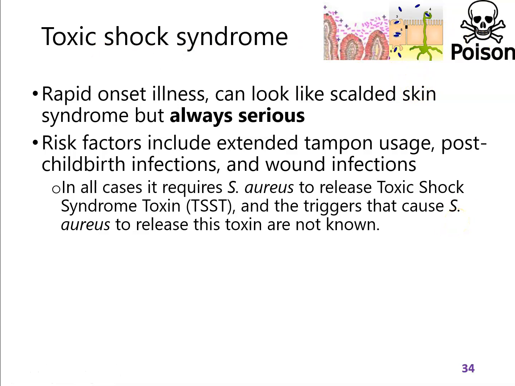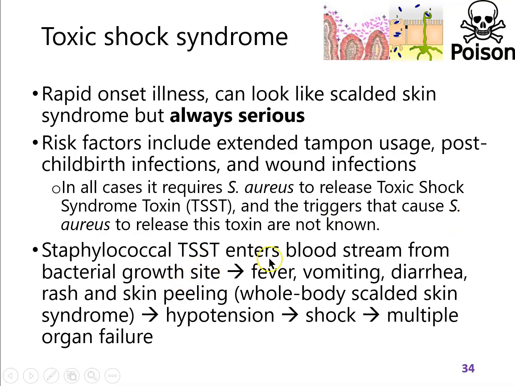So how it works is the toxin enters the bloodstream, and it leads to whole body overactivation of an immune response. Basically, T cells, helper T cells, are activated, and they will inappropriately activate huge quantities of monocytes and macrophages.